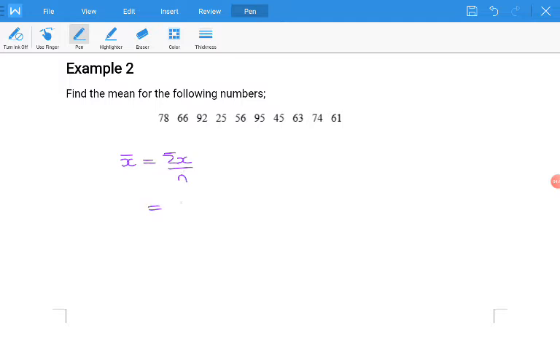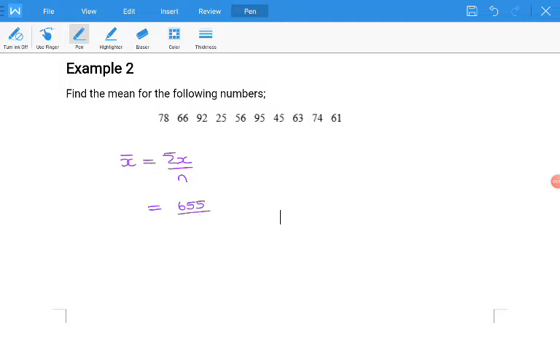So this is equal to, if we add all the observations, 78 plus 66 plus 92 plus 25 plus 56 plus 95 plus 45 plus 63 plus 74 plus 61, we get 655.